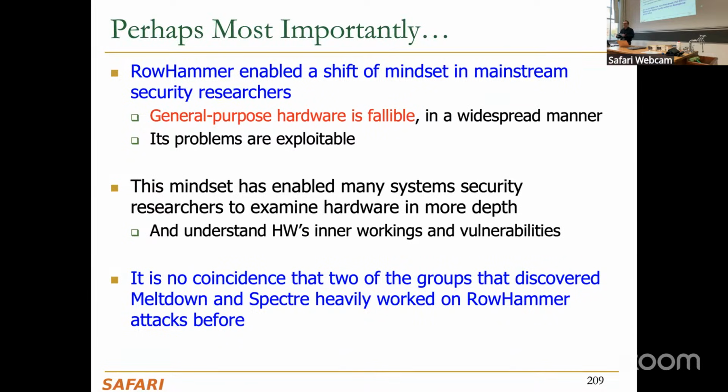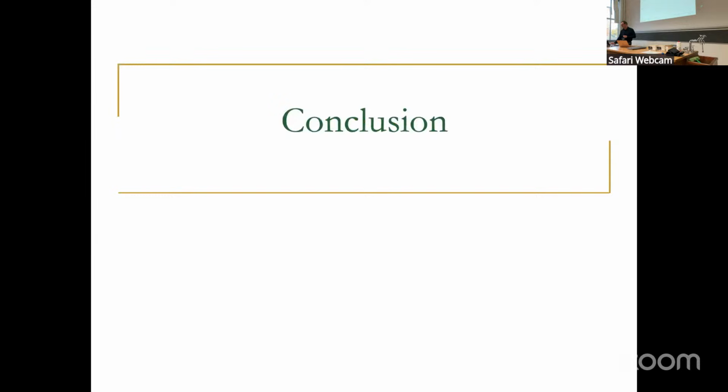Even though you cannot directly access this data, you can figure out what data that is because it happens to come into your caches because you speculatively execute in a processor. And it turns out two of the groups that worked heavily on RowHammer discovered these attacks. And there are a lot of attacks like this that are being discovered, and solutions to those attacks. So RowHammer actually enabled a lot of other directions that are not necessarily RowHammer.